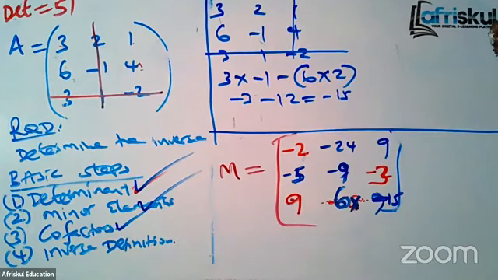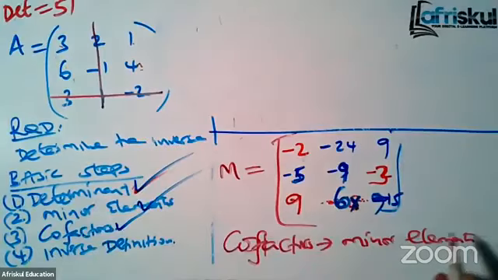Now I want to go to the cofactors. How do we get the cofactors? Ladies and gentlemen, we normally get cofactors from minor elements by changing signs.